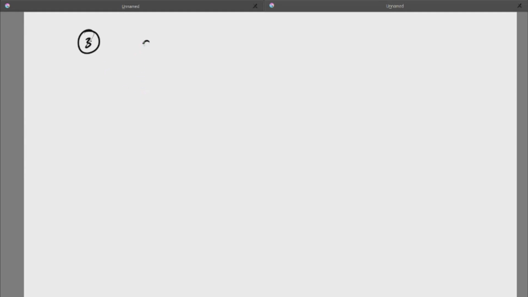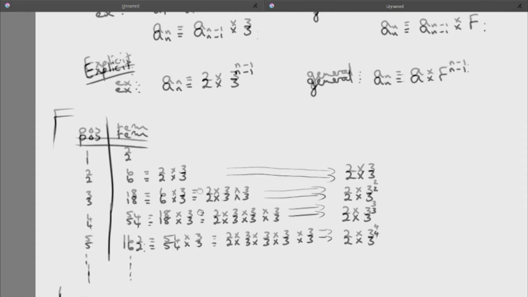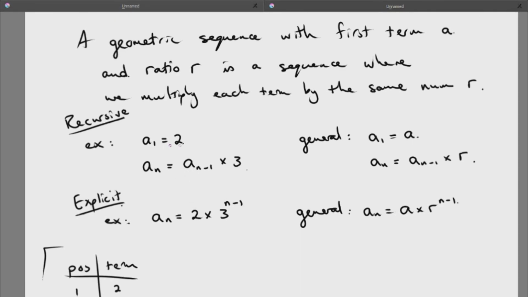One more. a1 is 2, and an is 3an minus 1. Now, if you compare that to our recursive formula, it does look similar.